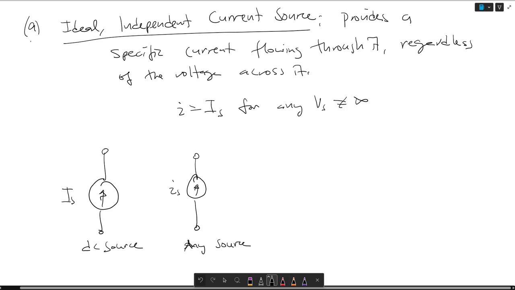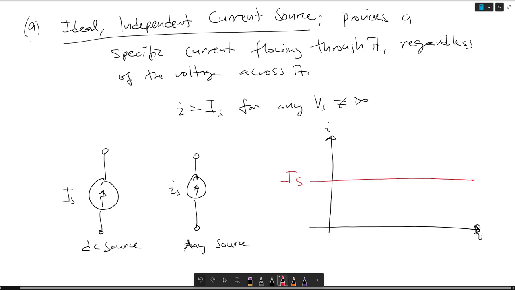Graphically, in the IV curve, it is something like this, where this is IS, and it's an ideal current source.